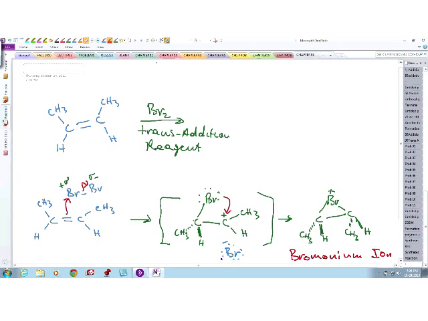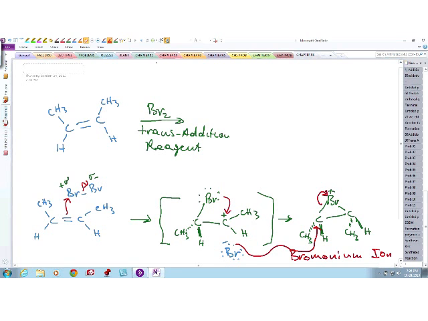What does it do? It has only two possibilities. It will come in to attack this molecule on this carbon from the back. In other words, it cannot come from the top because the top is almost blocked.